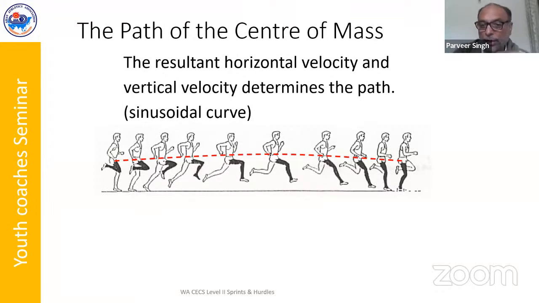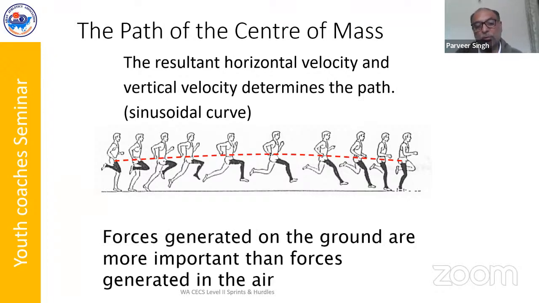So it is not exactly horizontal or parallel to the ground. There is a slight curve in the movement of the center of gravity. So forces generated on the ground are more important than forces generated in the air. The forces generated during the contact time are more important for sprint performance.